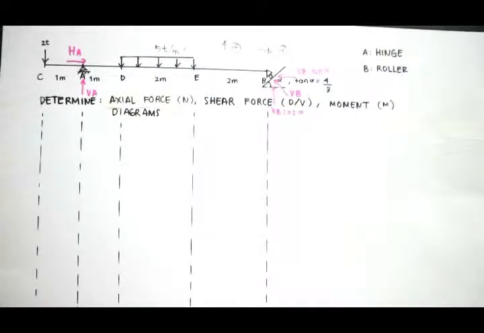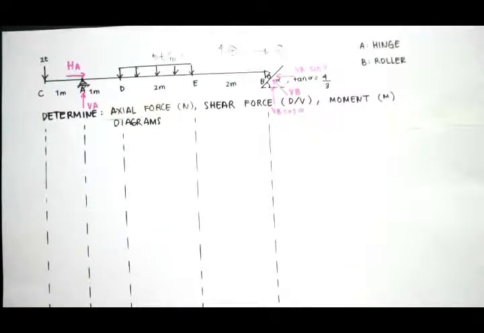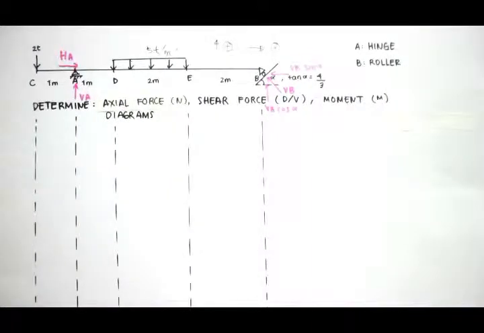I forgot to mention that this is a uniformly distributed load of 5 tons per meter. I also want to mention the sign convention: positive whenever your force goes upwards and to the right.